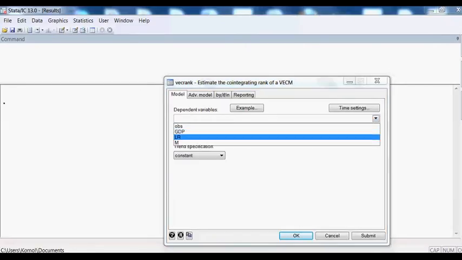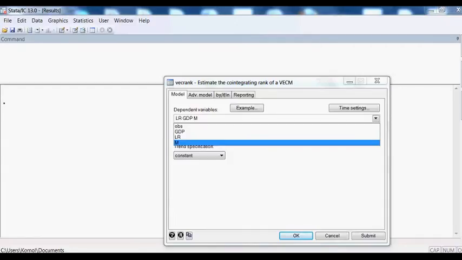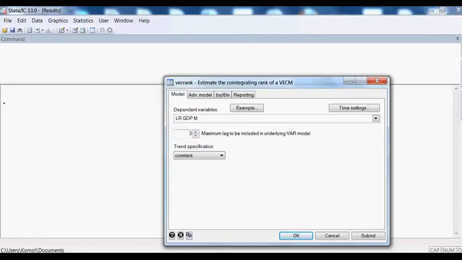First I put LR, then GDP, then money supply. Here I put LR first intentionally, because this one would be our error correction model, and here LR is the dependent variable. So that is why I put LR first.